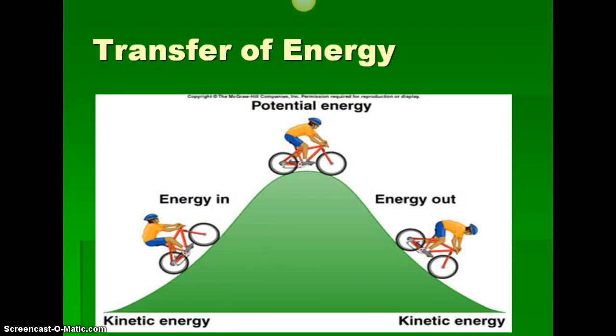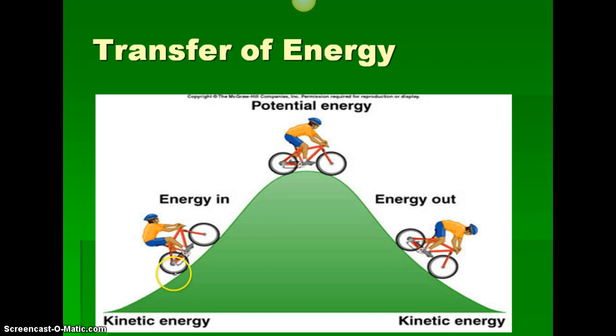Our transfer of energy is indicated in this picture here. We have potential energy at that height where it's stored energy and there's a height associated with it, so mass times gravity times height. Once that individual goes down the hill, that potential energy is transferring to kinetic energy, and the most kinetic energy they will have is at the bottom of the hill. Here we're putting energy in, it's moving energy, so it's kinetic energy, the most kinetic energy down here.